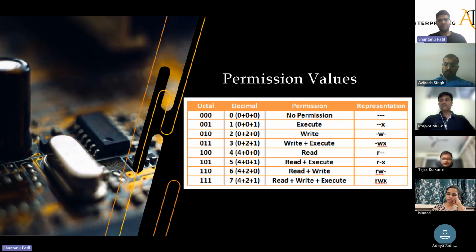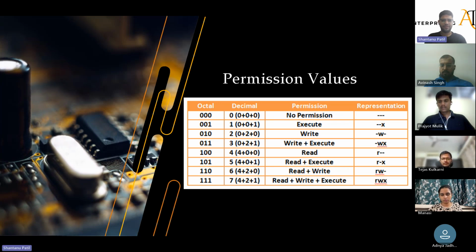Please make a note of this. For read, we have the number 4. For write, we have the number 2. And for execute, we have the number 1. Adding these numbers, we are going to decide a set of permissions for a respective user. Everyone got my point? I believe it is not too fast, right?